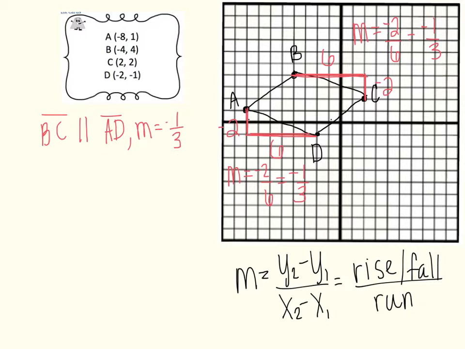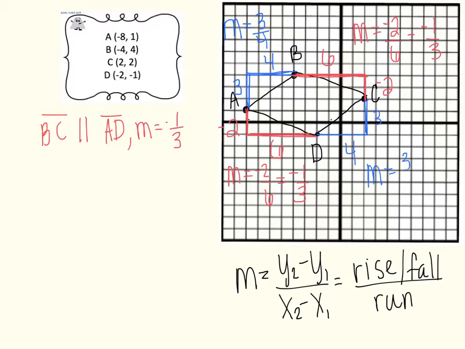Now I need to prove AB and DC. I'm going to draw my triangle. I see that I go up 3, or I rise 3, and I run 4. So my slope here is 3 over 4. And that doesn't reduce at all, so I'm good with that. On my next one, I see that I run 4, and I rise 3.